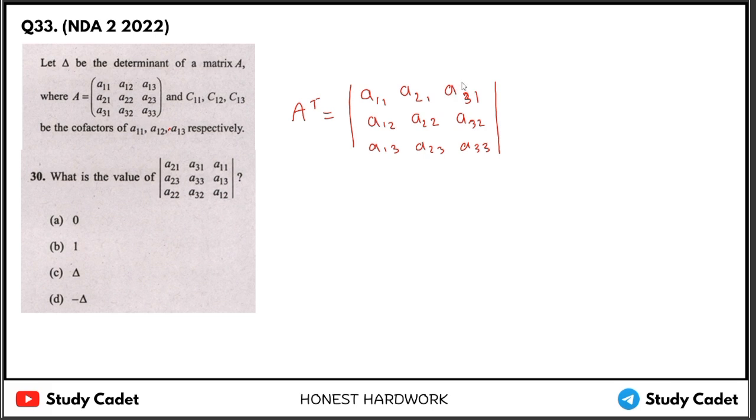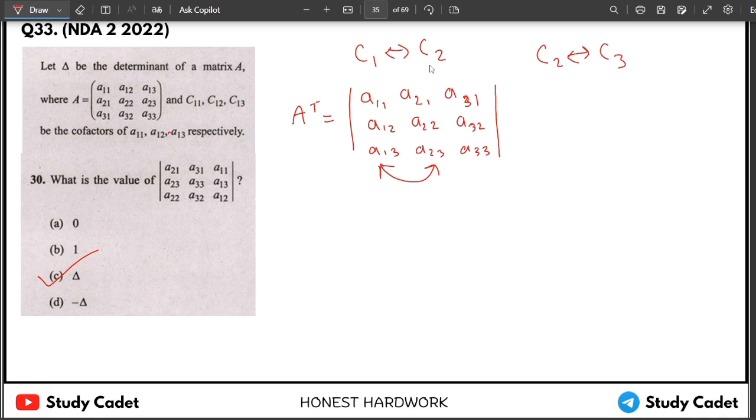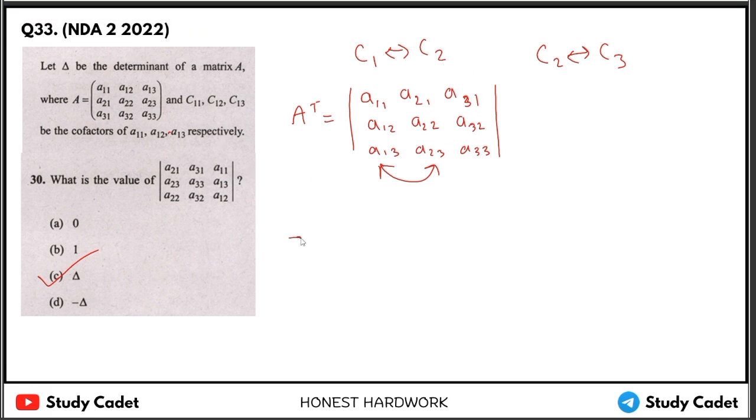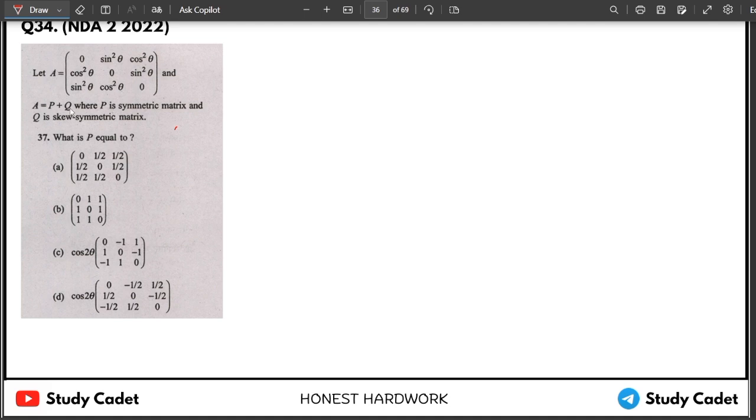Okay, if we interchange this, column 1 and column 2 are interchanged, right? Then column 2 and column 3 are interchanged. 2 times we are interchanging, so the answer will be the determinant. If 1 time is interchanged then it is minus determinant, then again, so it will be double minus, that is plus.